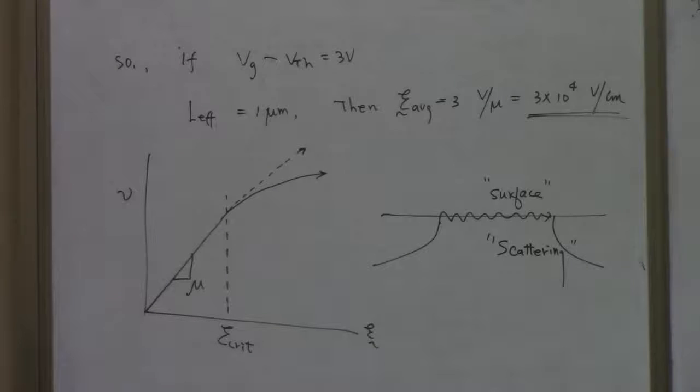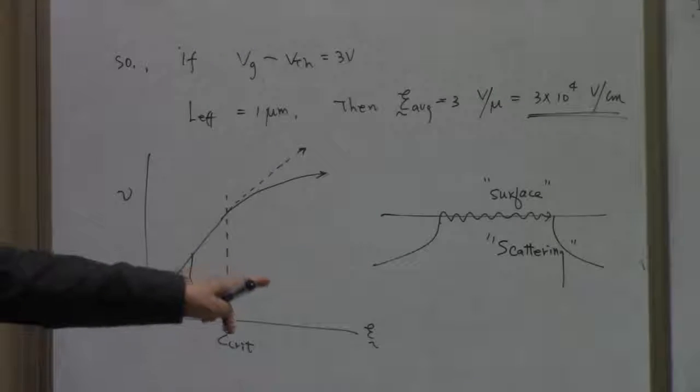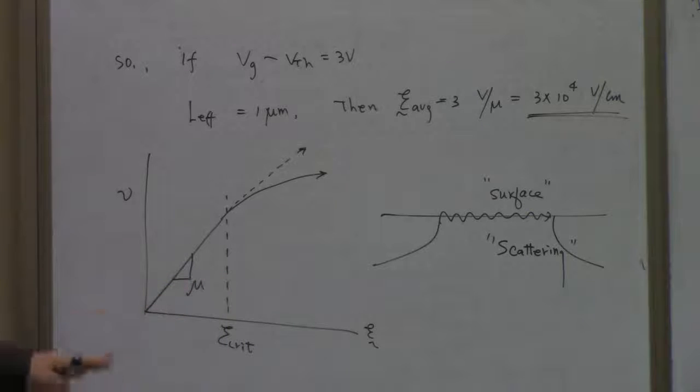So with this mobility issue and the critical electric field, most of the MOS devices operate beyond the critical electric field because of the geometry of the device.